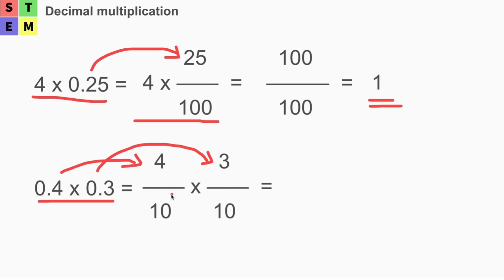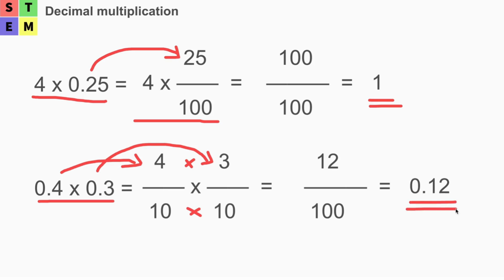Okay, so 4 over 10 times 3 over 10, which is 12 over 100, right? So basically we have 4 times 3 there and 10 times 10 there. Okay, that's 12 over 100. And 12 over 100 equals 0.12.